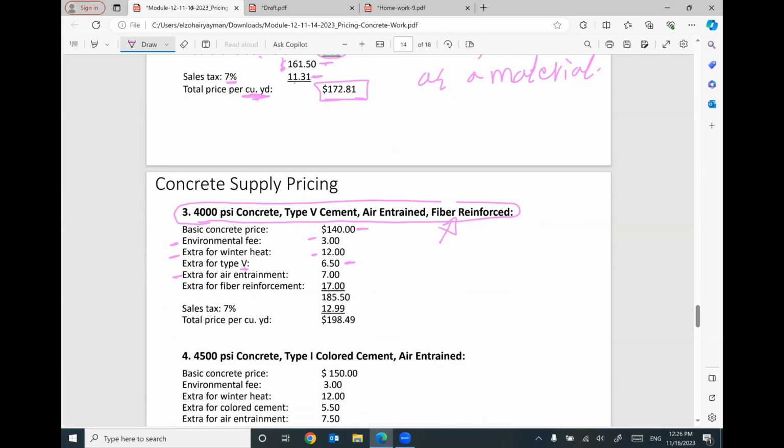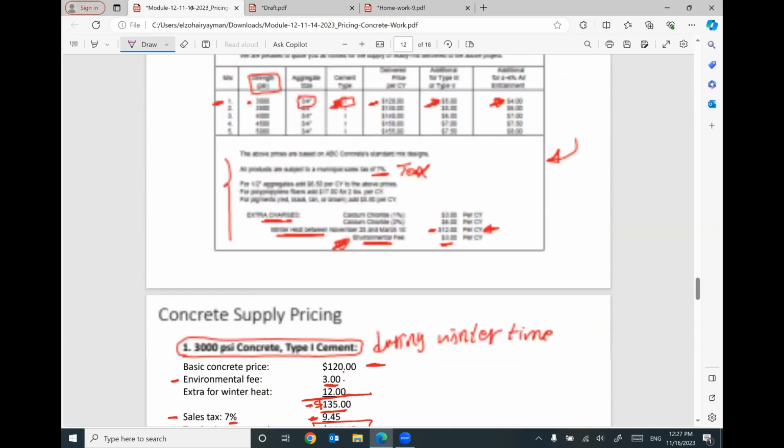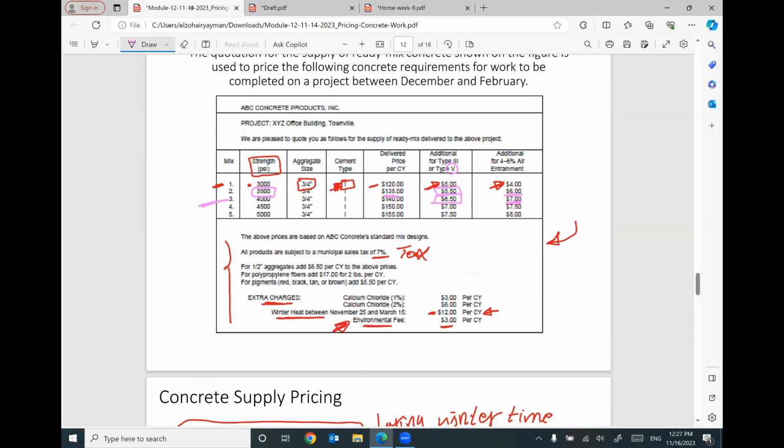So we have $7. Because you are using fiber reinforcement, it's a different specification. I think fiber, here you go, this one. If you are going to use polypropylene fibers, it will cost you $17 for 2 pounds per cubic yard.